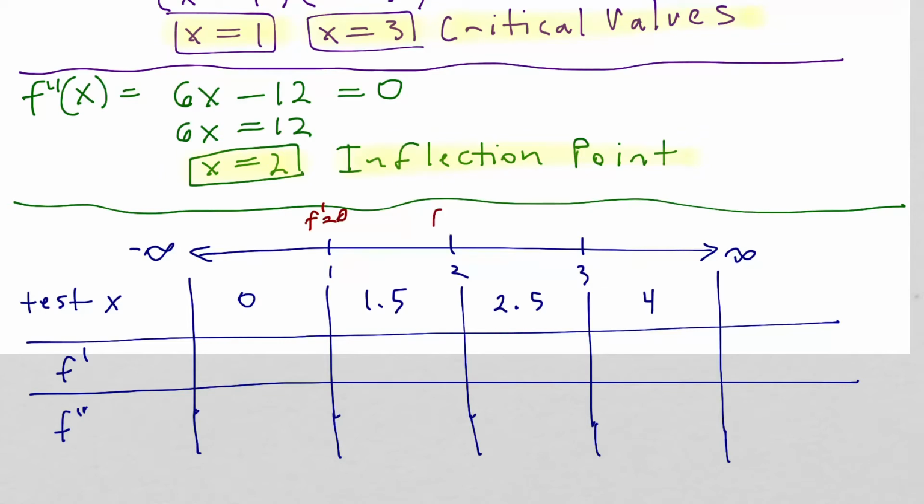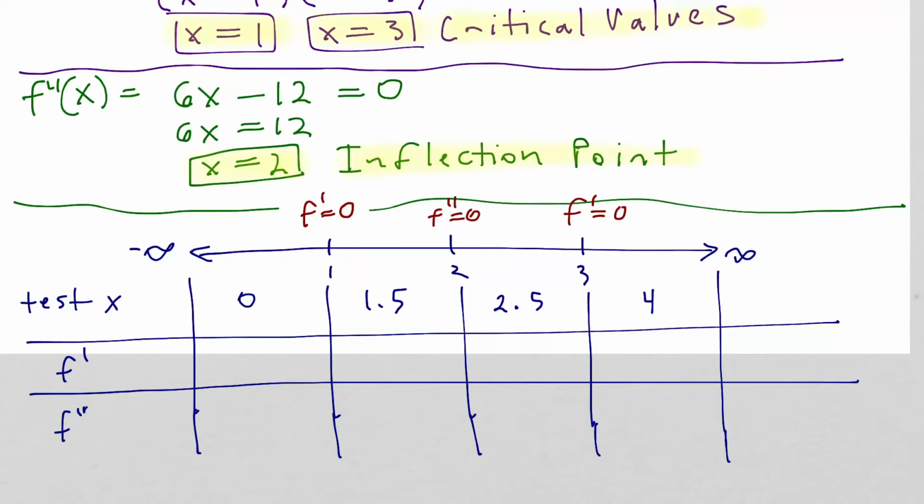This was my value where f double prime was equal to 0. This is my inflection point. And this one over here was also f prime is equal to 0. So I like to label that over my numbers on my number line. Okay, so now what I want is pluses and minuses in my table.